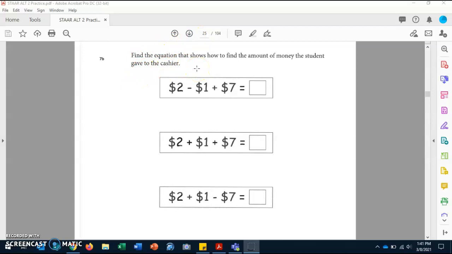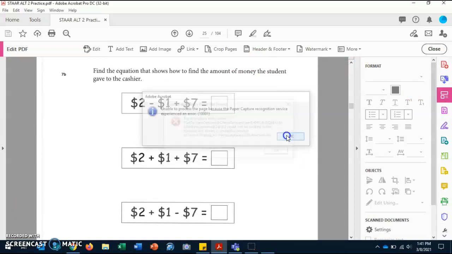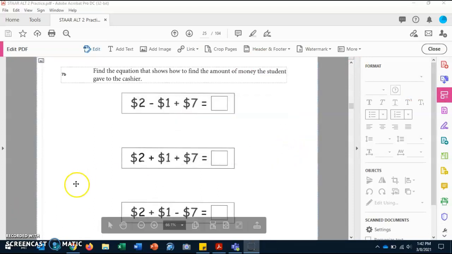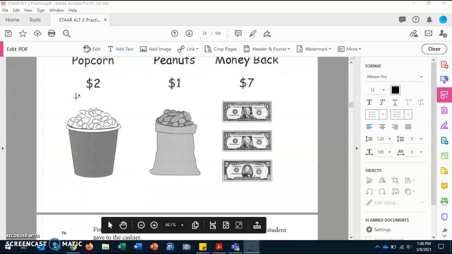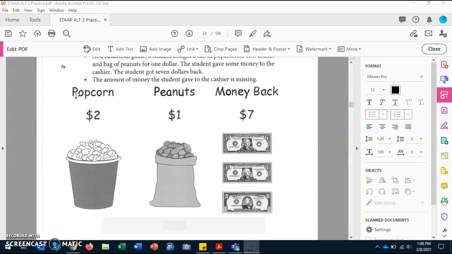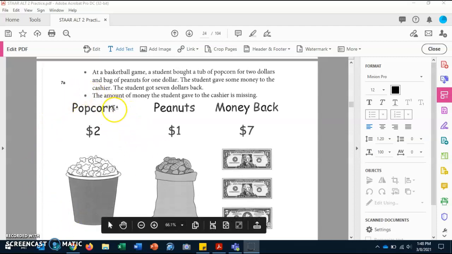So what do we have to do in order to find out the amount that we gave the cashier? So in order to find out how much money she gave them, what do we have to do? We have the $2 of the popcorn, the $1 of the peanuts, and then they gave her $7 back.